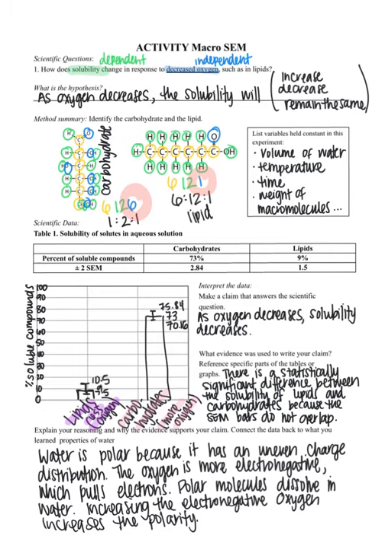We also know that because water is polar, other polar molecules are going to dissolve in it. Adding oxygens, which we've already discussed are electronegative, is going to increase that molecule's polarity, making it more likely to dissolve in the water.